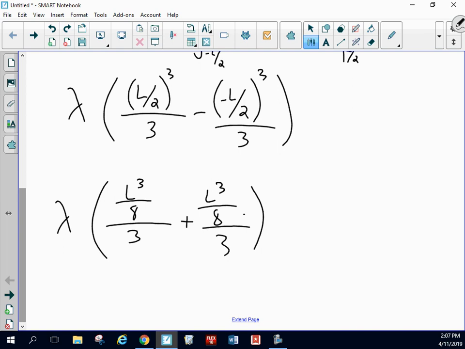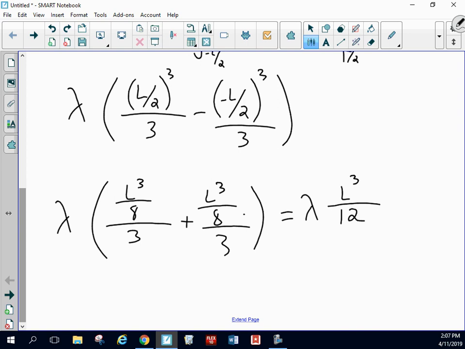Really what this is going to be is L cubed over 24 plus L cubed over 24, which reduces to 2 over 24, or 1/12. So lambda times L cubed over 12.